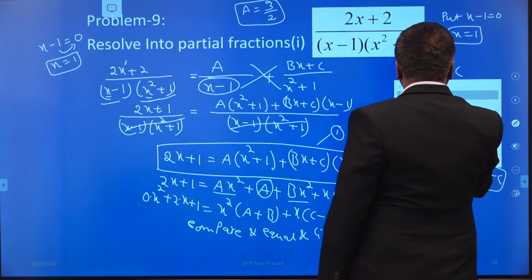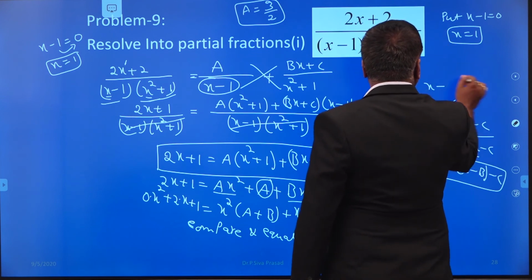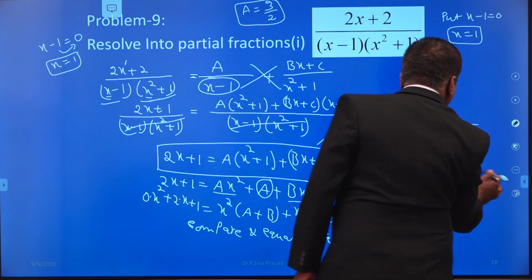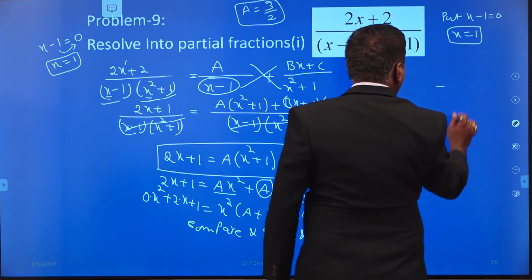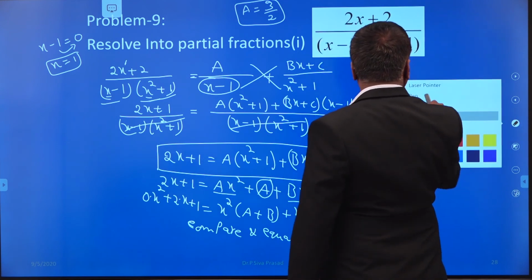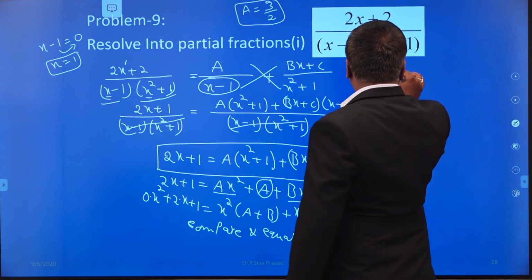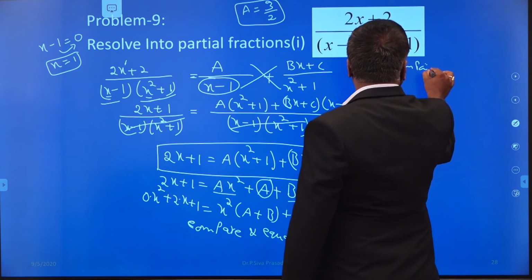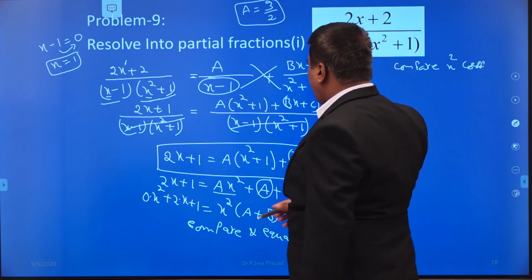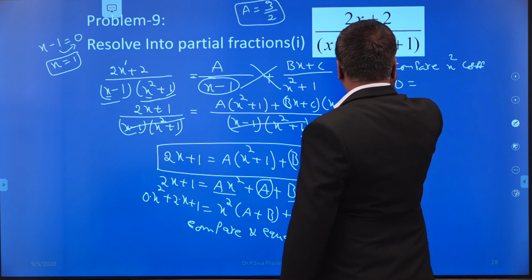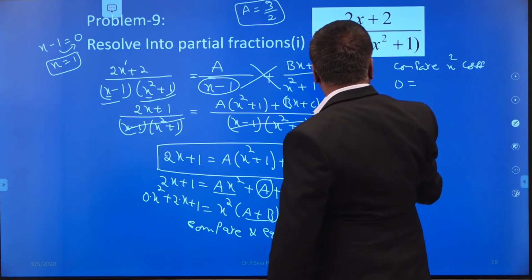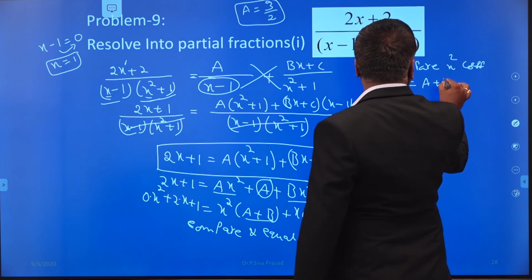Please all of you observe this. The left hand side x square coefficient is 0. So compare the x square coefficient: 0 is equal to a plus b, the coefficient of x square.